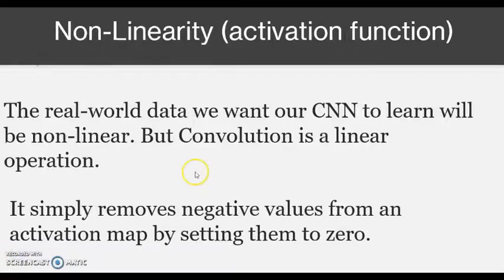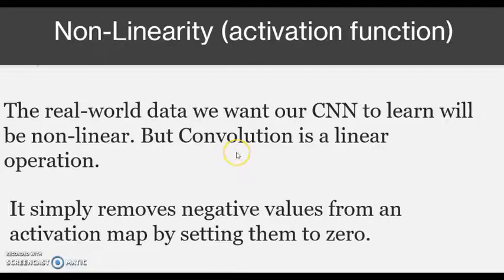So what ReLU actually does is simply remove the negative values from an activation map by setting them to 0. So if we have any negative value in the feature map, the ReLU function is going to set it to 0, so we get rid of all negative values in the feature map.